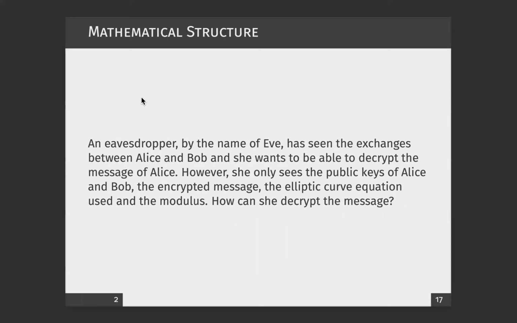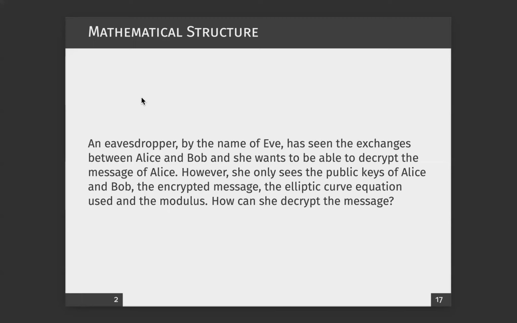And now we have an eavesdropper by the name of Eve. She's able to see the exchanges between Alice and Bob. That's typical, because that's the reason why we have public key cryptography.